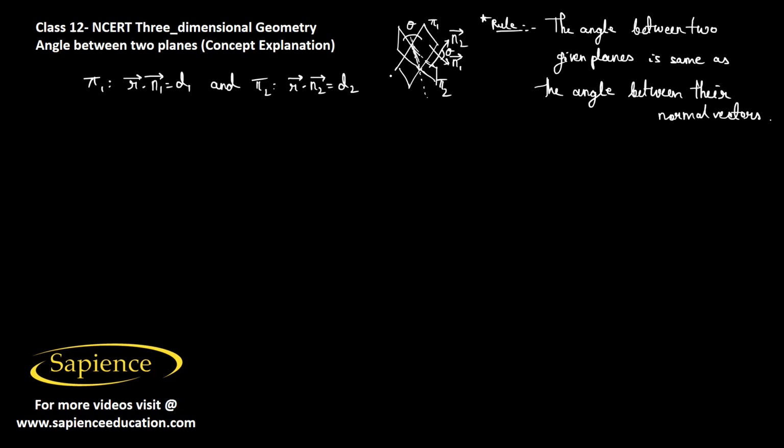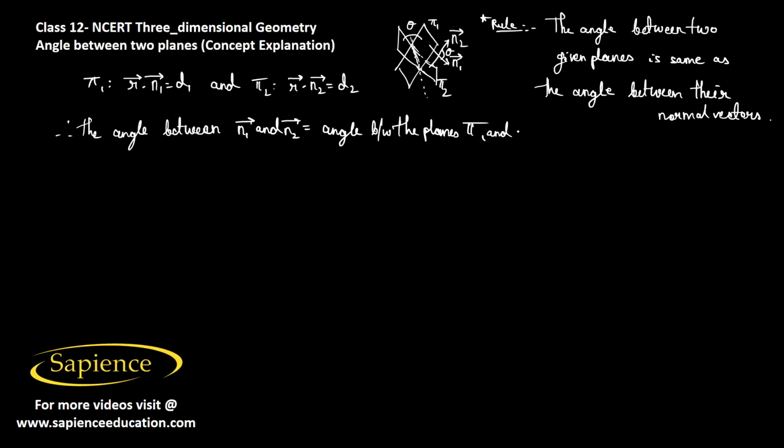Then the angle in between the planes, therefore the angle between their normals, which are n1 vector and n2 vector, will be the same as the angle between the planes pi1 and pi2.